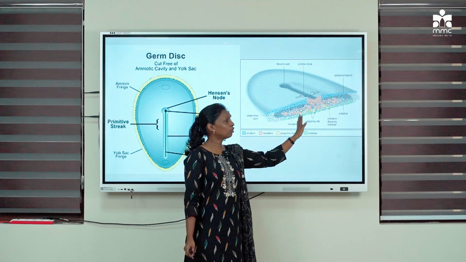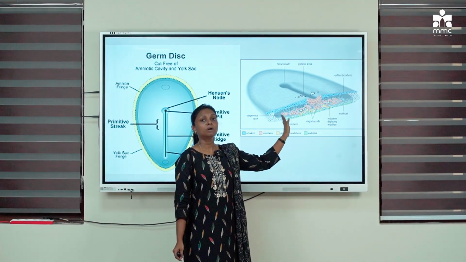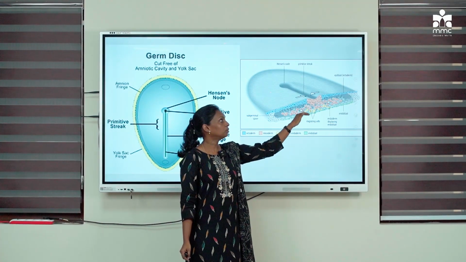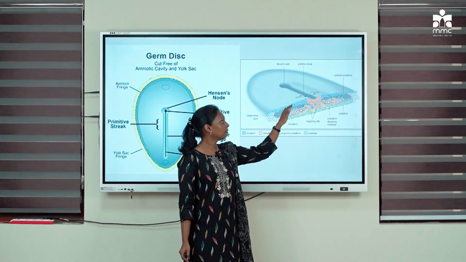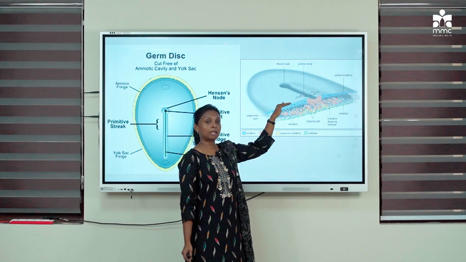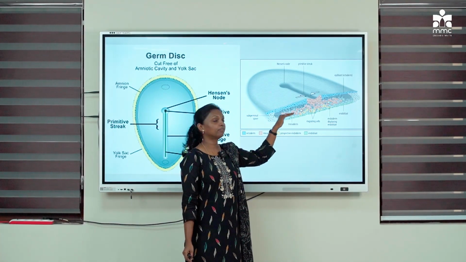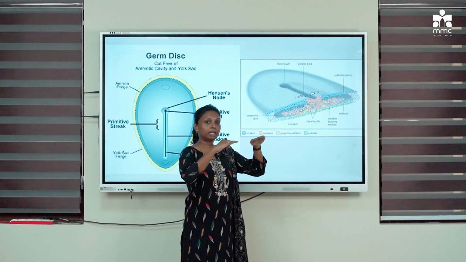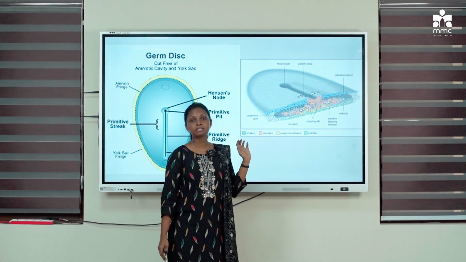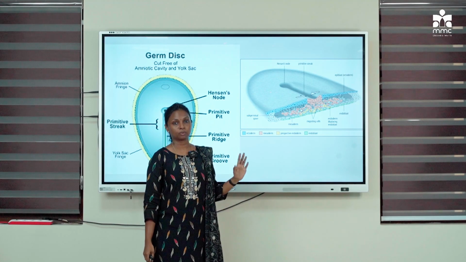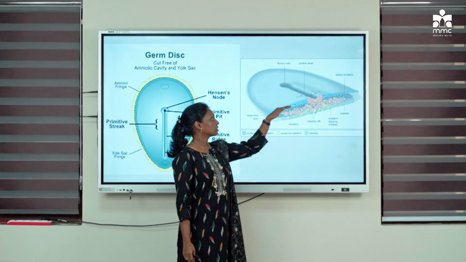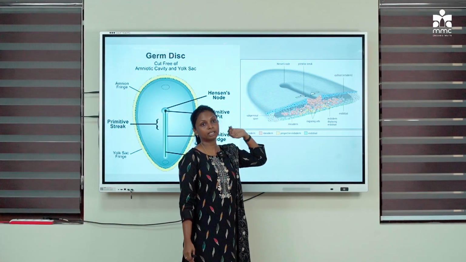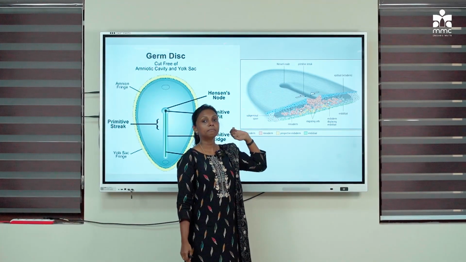After the formation of the definitive endoderm, more epiblastic cells migrate through the primitive streak and lay down between the epiblast and the definitive endoderm. These newer cells are called the intraembryonic mesoderm. So you have the epiblast, then the definitive endoderm, and in between is the intraembryonic mesoderm.